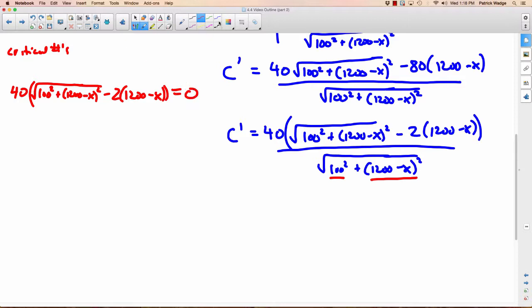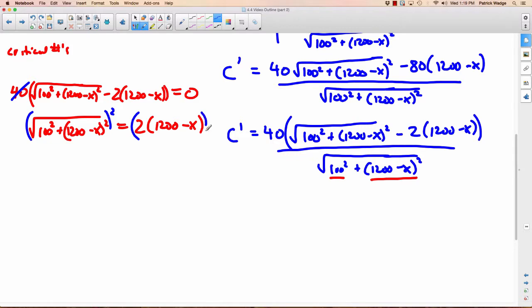Okay, well let's divide both sides by 40, so that's gone. And let's move this second term over to the other side. So we'll have the square root of 100 squared plus 1200 minus x all squared equals, move this over, 2 times 1200 minus x. And now what we want to do is square both sides.